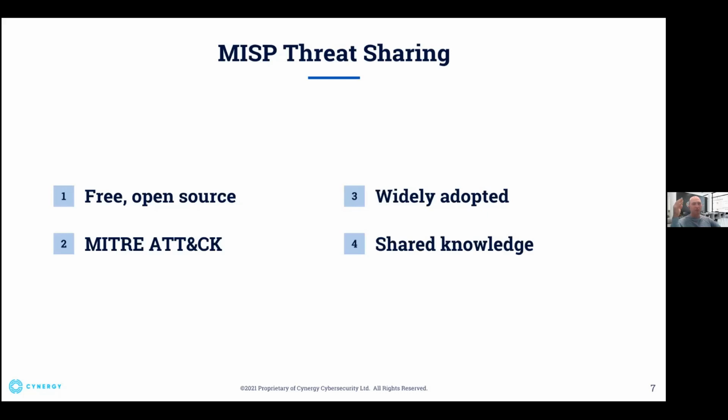Many organizations, so you've seen line number 3, it's a widely adopted platform that more than 6,000 organizations all over the world are using in order to put their IOC, the indicators of compromise feeds, into this platform. Now it's free, it's totally open source, it supports MITRE ATT&CK, the TTPs, the tools, the tactics and the practices of the hackers. And the most important thing is it has shared knowledge of multiple organizations.